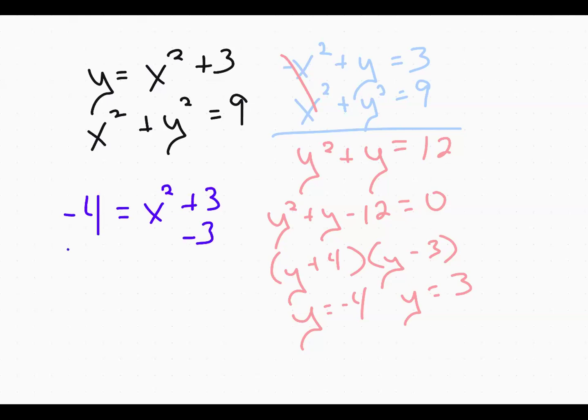When can I take the square root of a negative number? Can I? It's an imaginary number. So that means even though we did the math correctly, it's a fictitious answer.